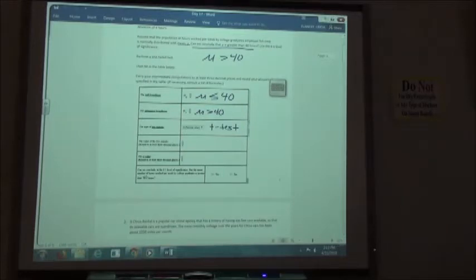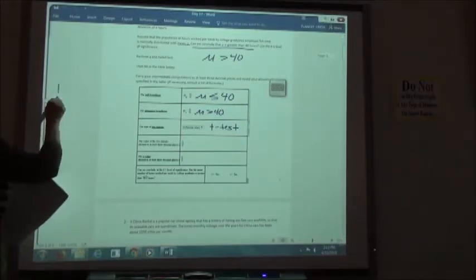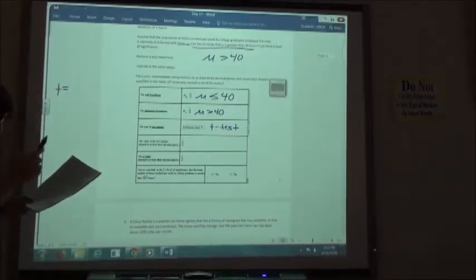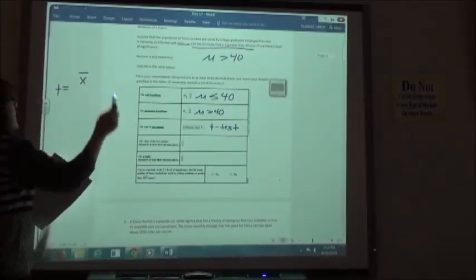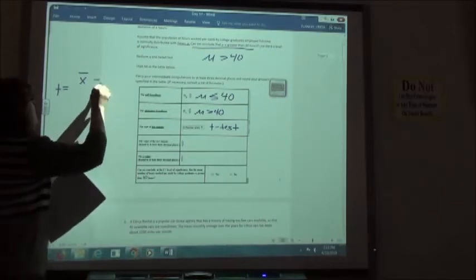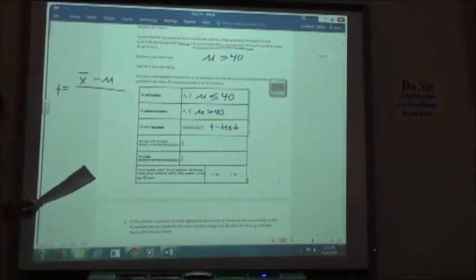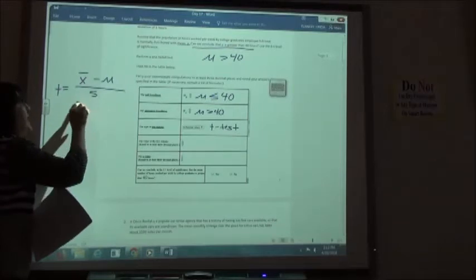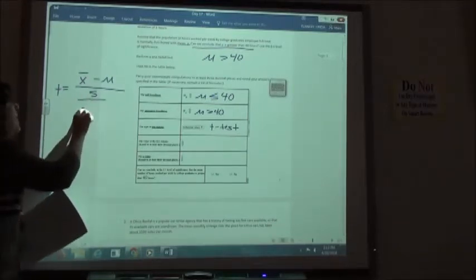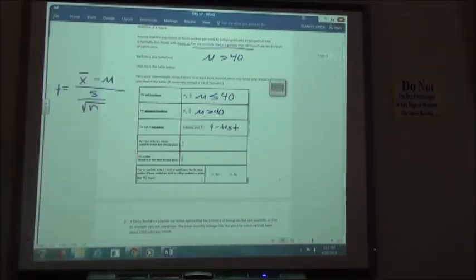So, the formula, it's going to look pretty much like the formula for the z-test. Looks like this. t is equal to the sample mean minus the given mean over the sample standard deviation divided by the square root of n. So we've got to find those things from our problem, but I zoomed up so you'll have to read on your paper.